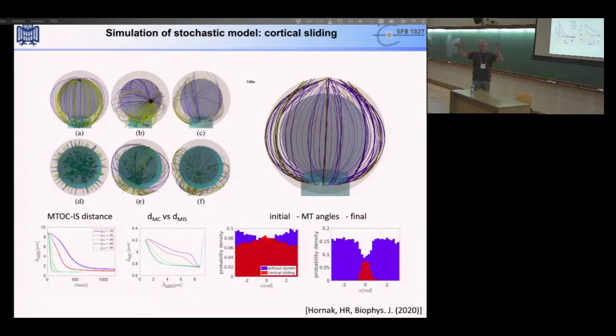Those that go this way and the others going that way will be pulled in different directions. So there is a tug of war. Stochastically, at some point, one side will win and the centrosome slides along the nucleus in one direction. This is the reason why it is much slower.